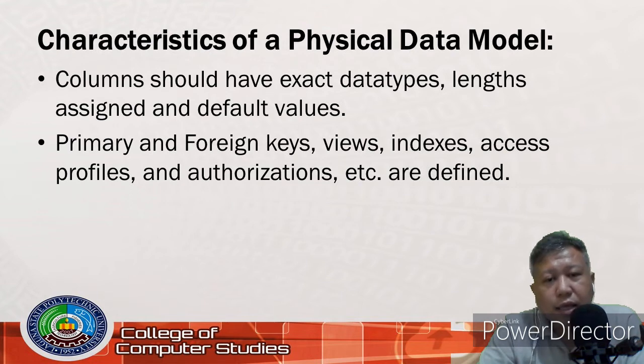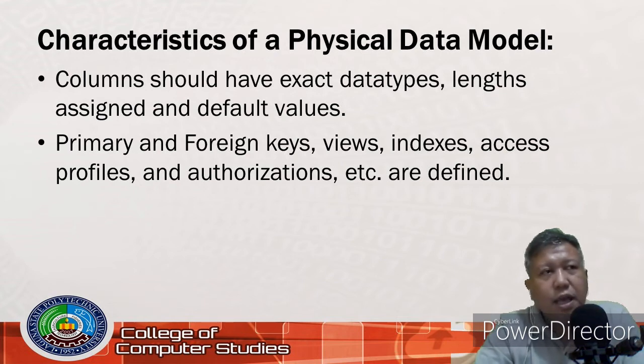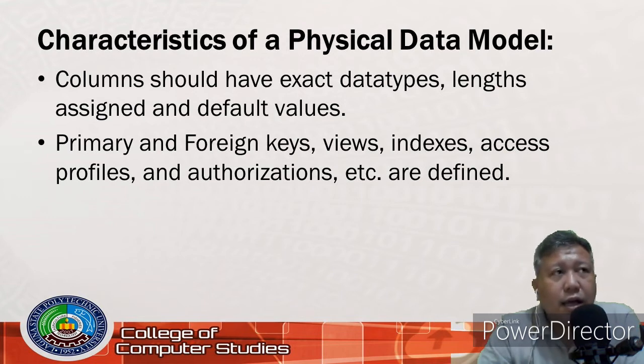Indexes. So, normally, kinukuha natin yung index from the primary key. So, basta isa siyang key sa napipiliin natin from the table. So, pag sinabi nating index, may command kasi sa SQL na nag-create ng index.